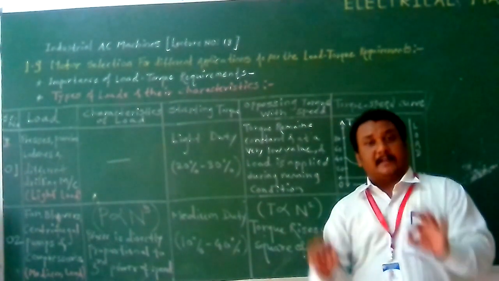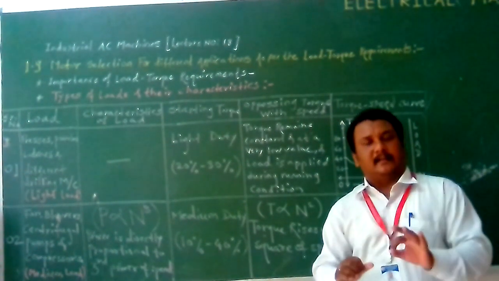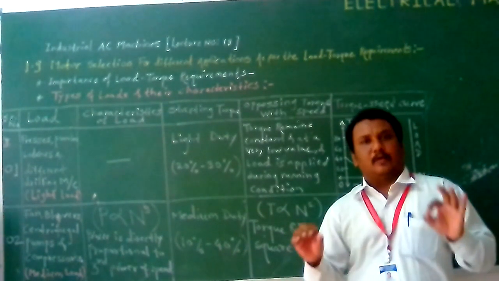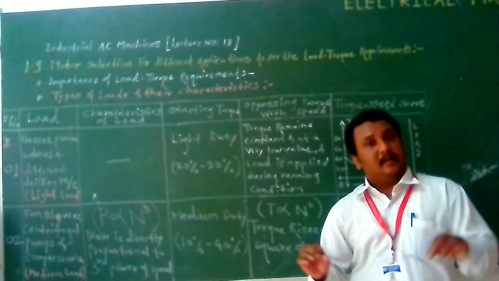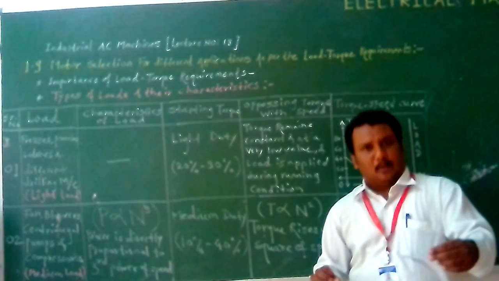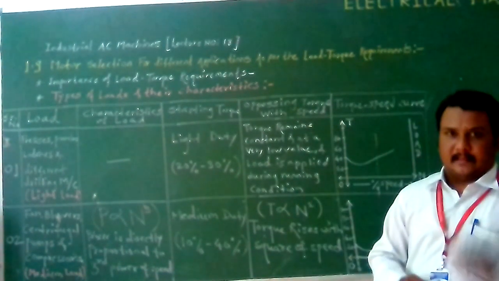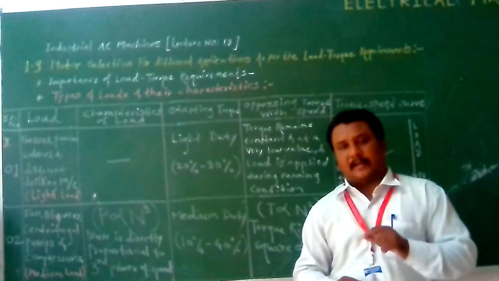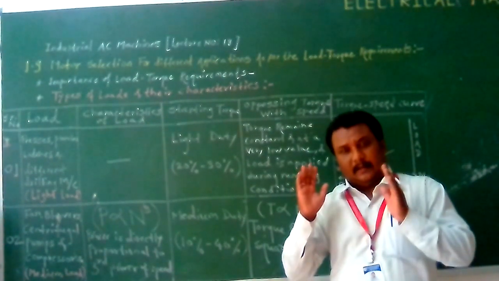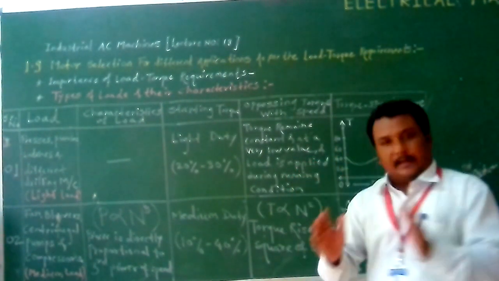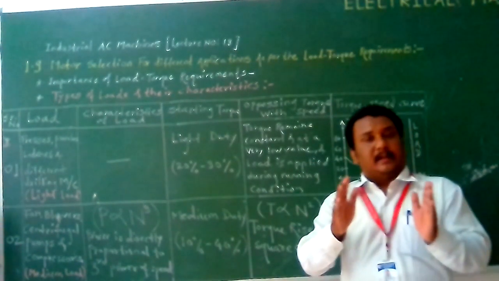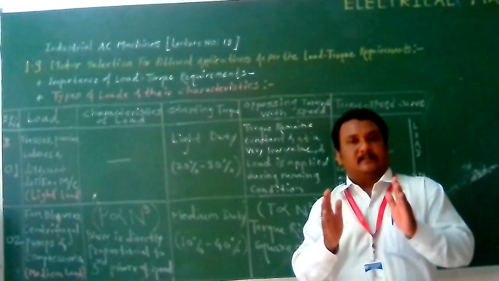In the starting condition there is no load applicable, which means starting is at no load. From the torque speed characteristics, you may check once again that light duty applications perform only in the unstable region.